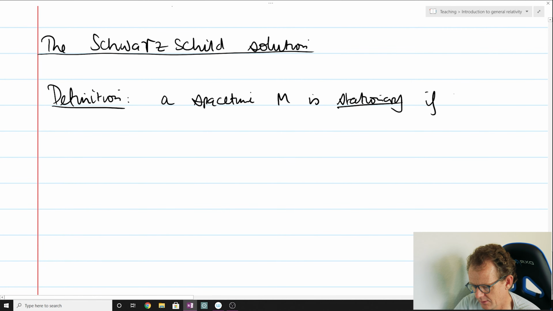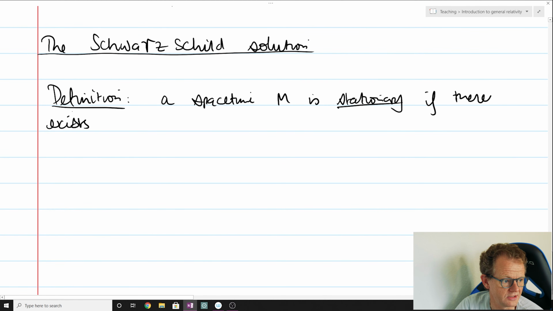Firstly, if we're going to do something rigorous, we need some definitions. So we've got to explore what is meant by the words stationary and static. We're interested in a stationary, indeed a static solution to Einstein's field equations, one that doesn't change in time.